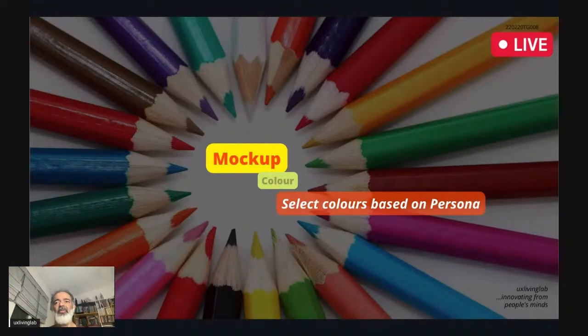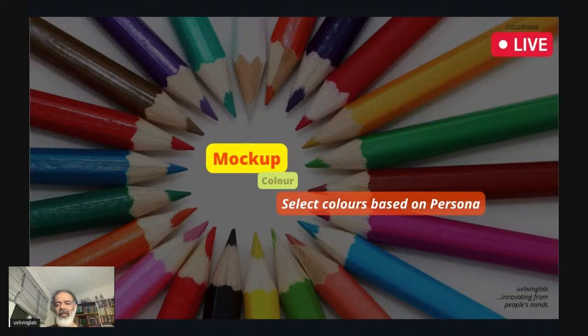For senior citizens, it's better to go for black and white, because of their age they could not differentiate between colors. If you convey something based on colors, it is very difficult for them to understand, so use only the basic colors. Don't go for very minute changes in colors and try to communicate something. So the color selection is based on persona.